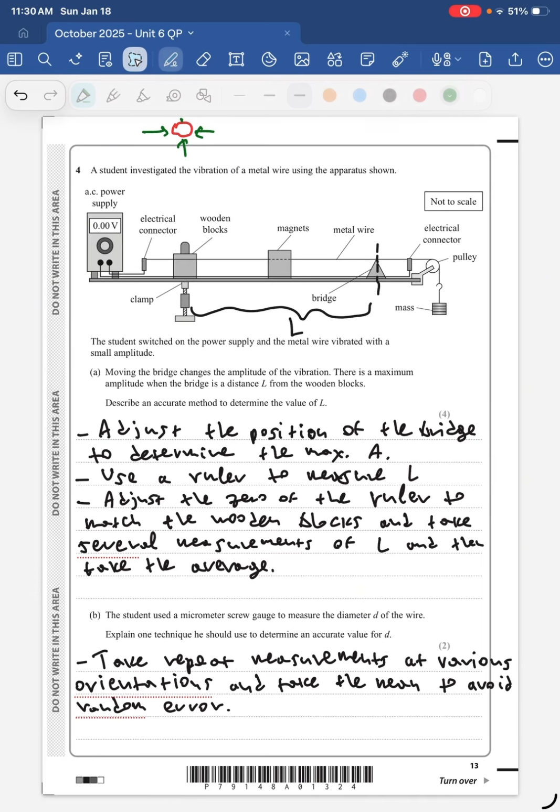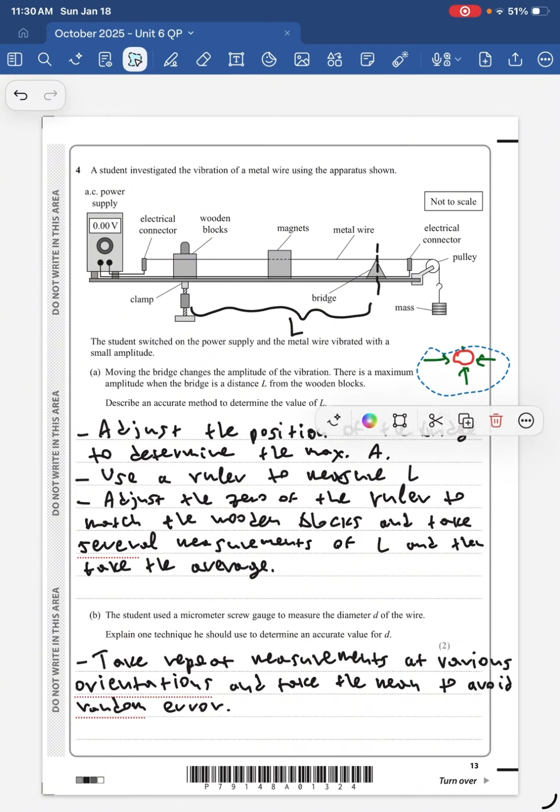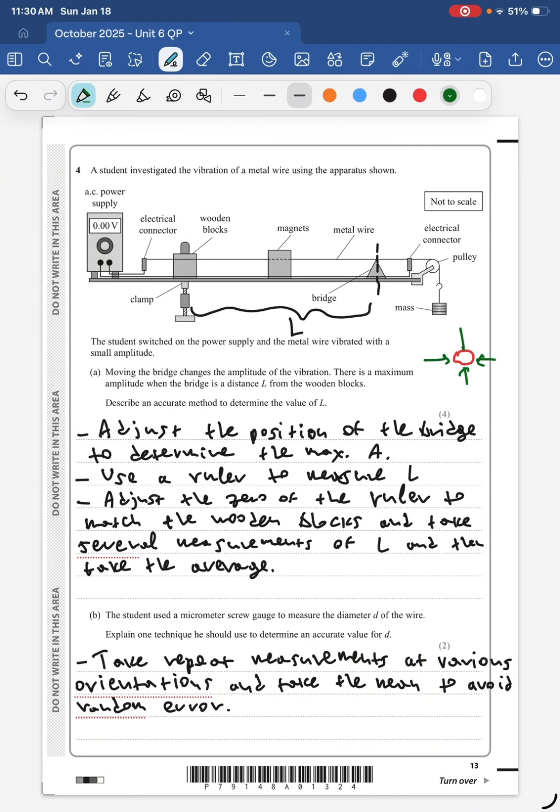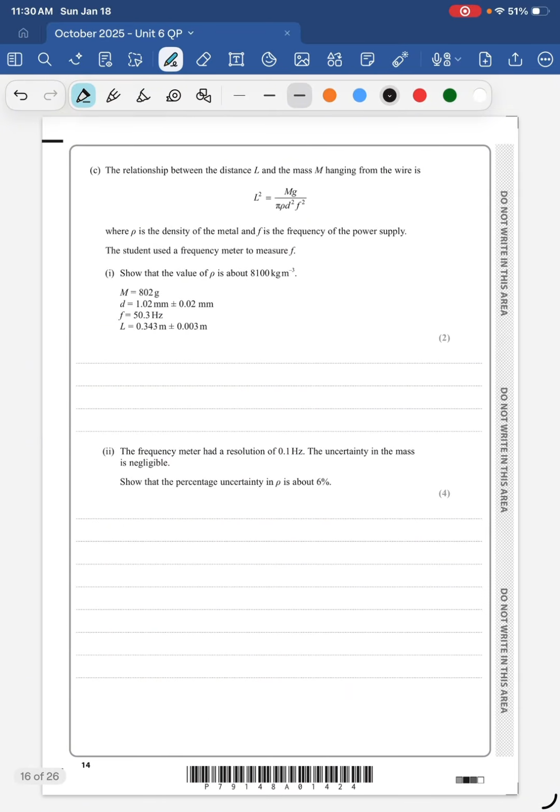So D across the horizontal direction will be different than the D in the vertical direction, and it will be different from this diagonal direction I just showed. So if you take multiple measurements from different orientations and take the average, you minimize the random error. The random error here is due to the wire, of course. All right.